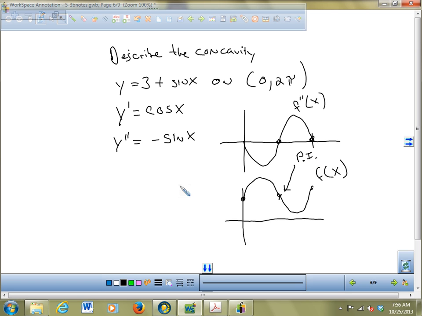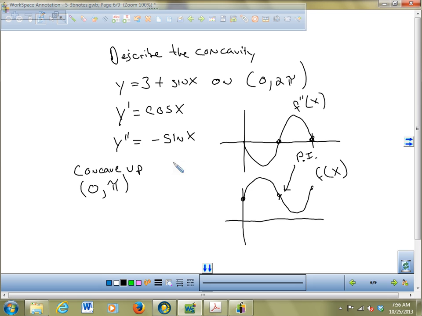The point of inflection is where it changes concavity from concave up to concave down, or concave down to concave up. So how do you write the answer to that? You would write something like concave up on 0 to pi, right?